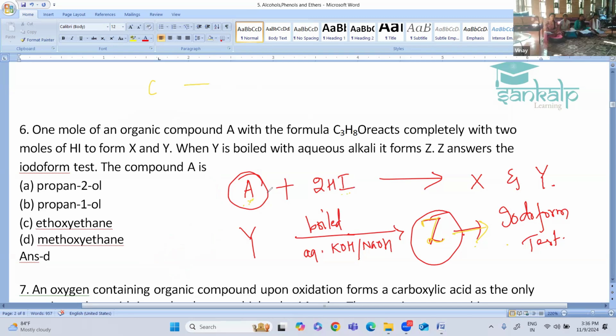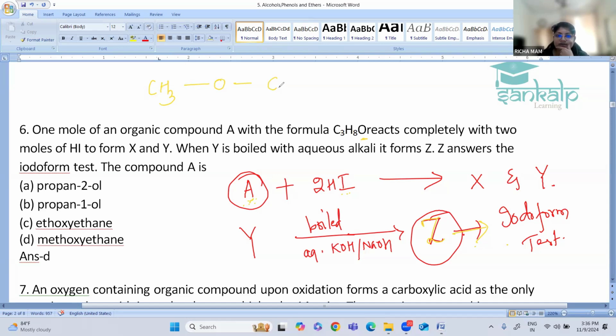Because see here, if I take an ether, CH3, then oxygen, and again C2H5, that is 5, 6, 7, 8. So it is ethyl methyl ether.